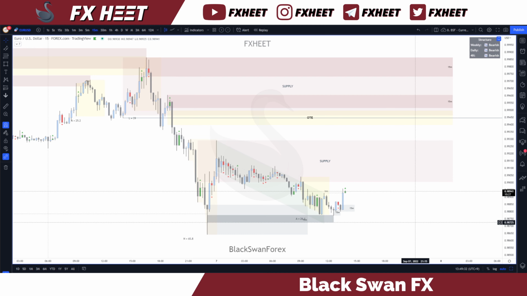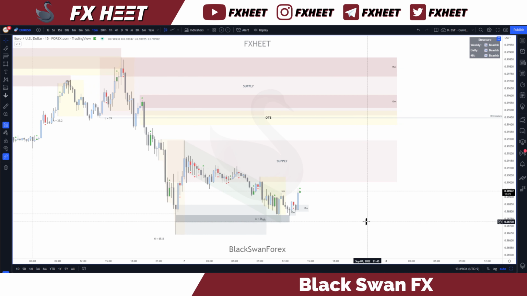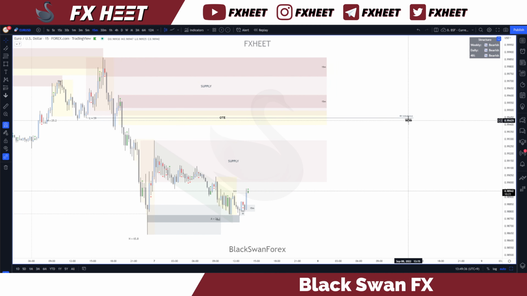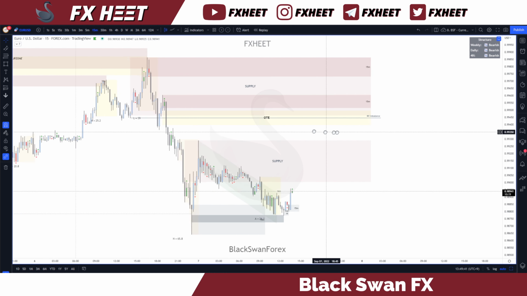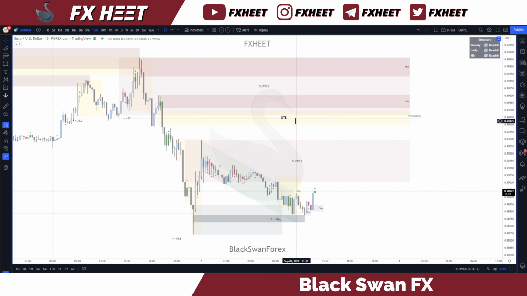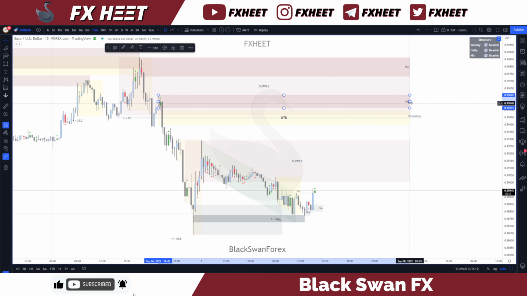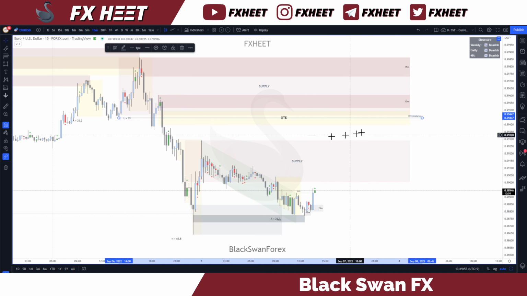And if we talk about areas to short from, I'm just gonna move this over a little. So our OT area is here. We have a very nice supply zone here. We also have the 4-hour imbalance here.